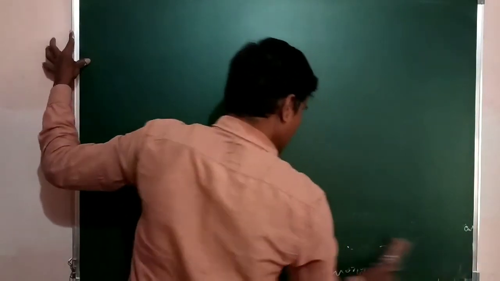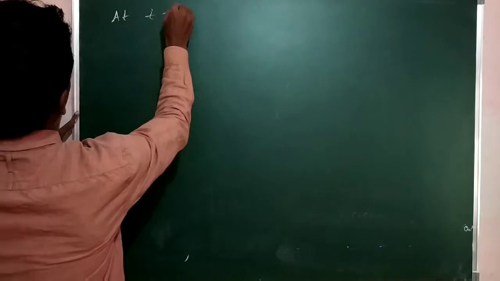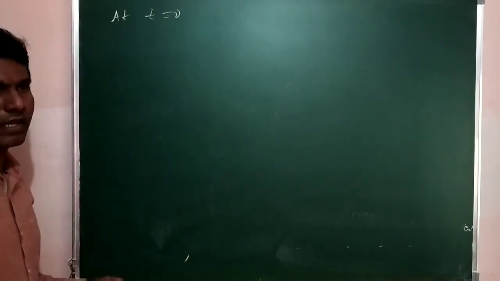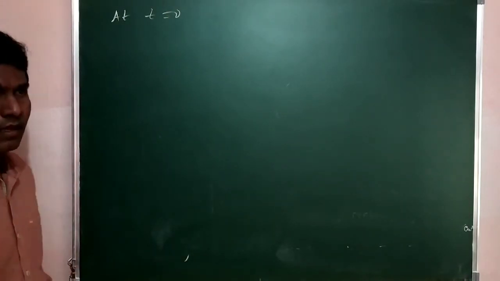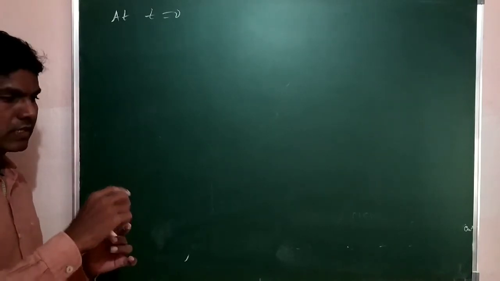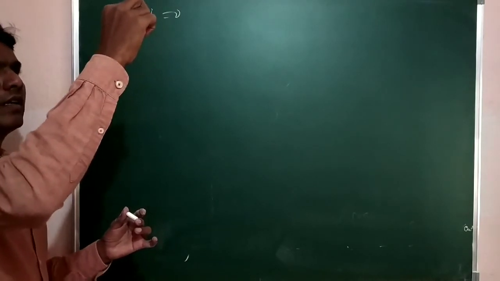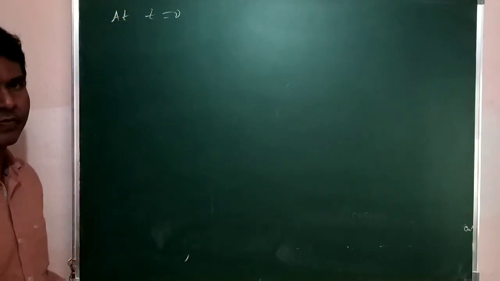At time t equal to 0, the time interval should be constant. So the particle gets vibrations when it moves upward and comes in the downward direction.